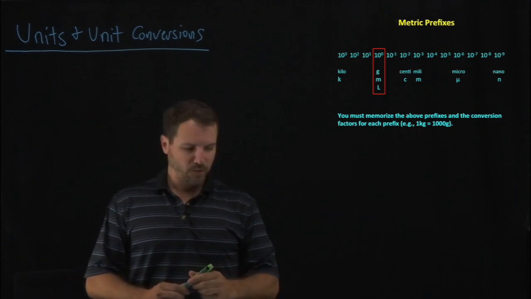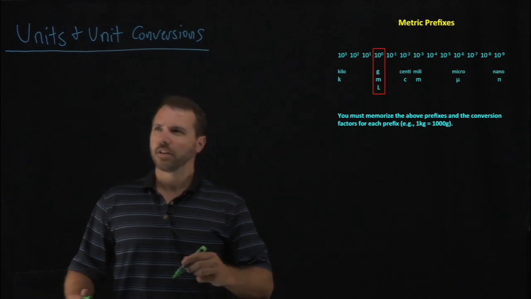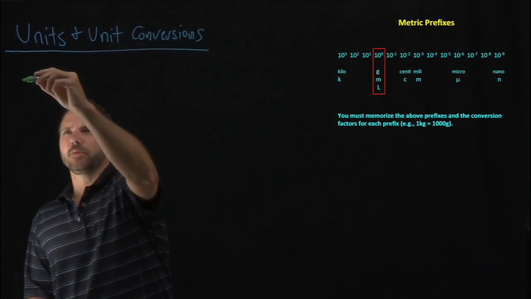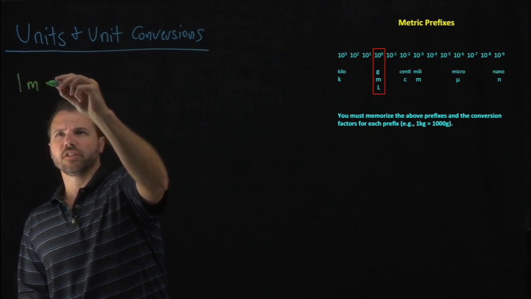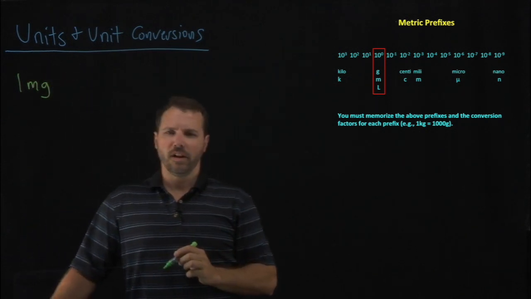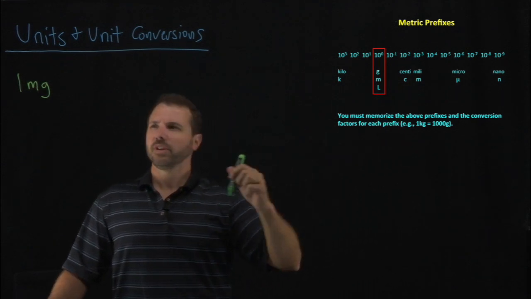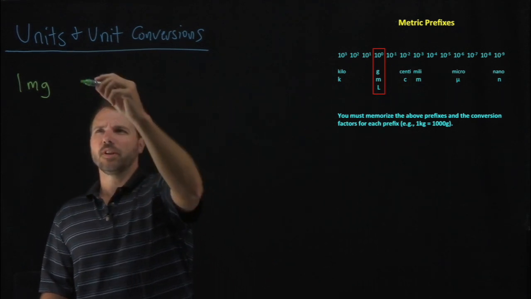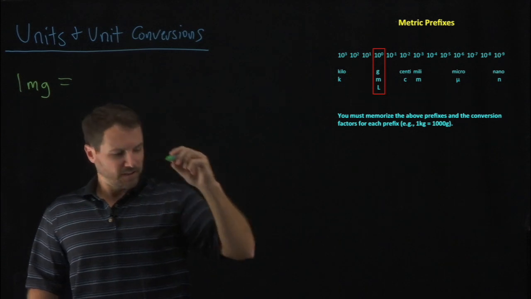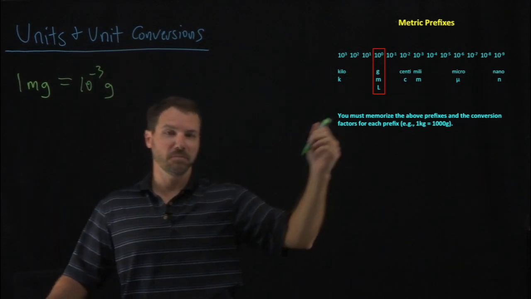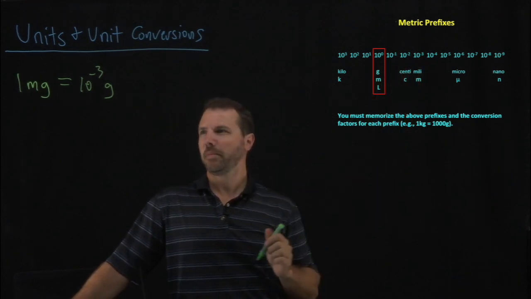So just to give you a couple of quick examples, if we take the milli prefix, so let's say we have 1 milligram, so we've measured a mass of 1 milligram. Based on our prefix metric system, we know that that would equal 10 to the minus third grams, because milli is 10 to the minus third.